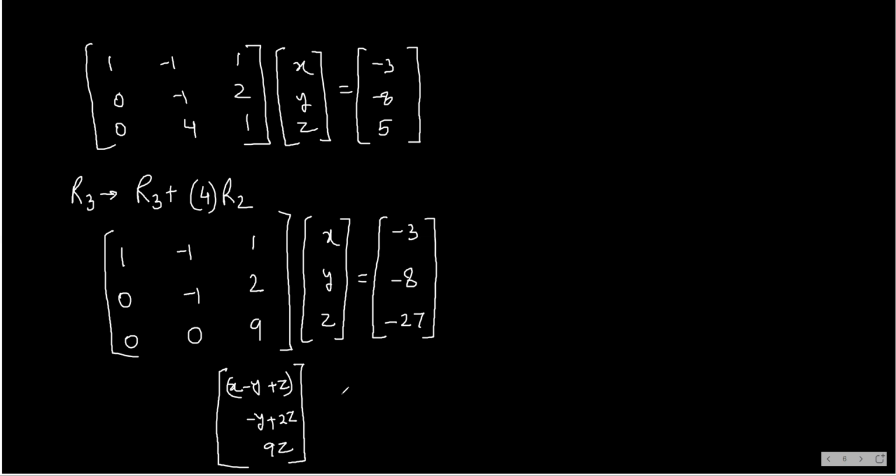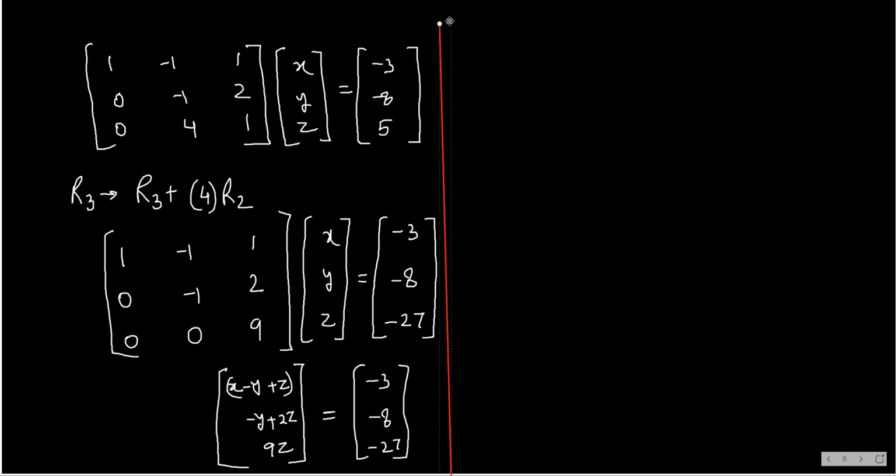What do we have on the right side? Right side we have negative 3, negative 8, and negative 27. Now I will equate these two matrices because they are equal. Since they are equal, I will have x minus y plus z equals -3. These two matrices have the same order, so their corresponding elements will be equal.